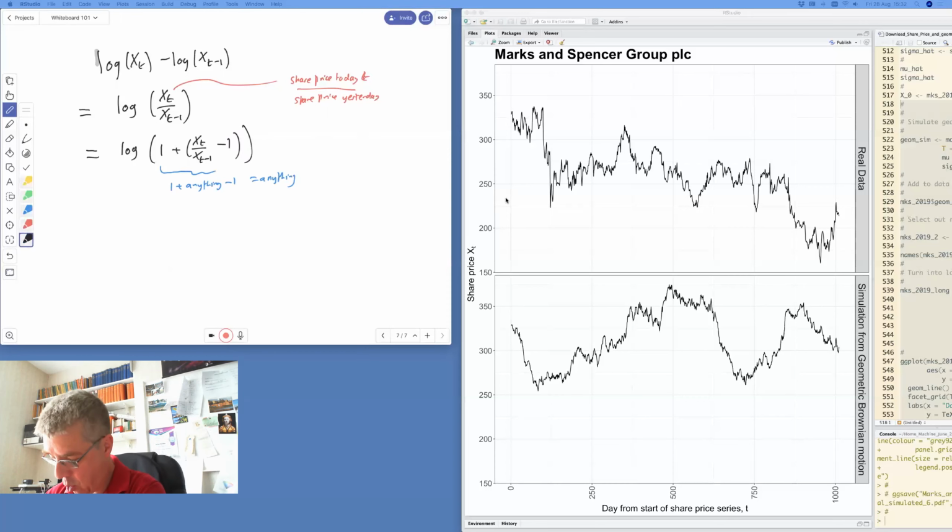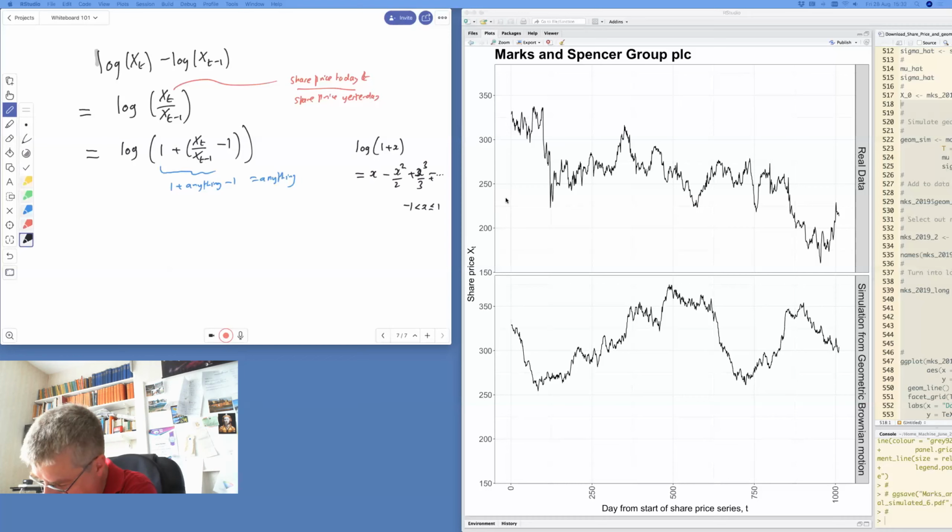Well, because I know that there are expansions for quantities such as log of 1 plus x. The expansion of log 1 plus x is x minus x squared over 2 plus x cubed over 3, and so on, plus and minus and plus, and so on. And that's an expansion that is valid for x between minus 1 and 1.